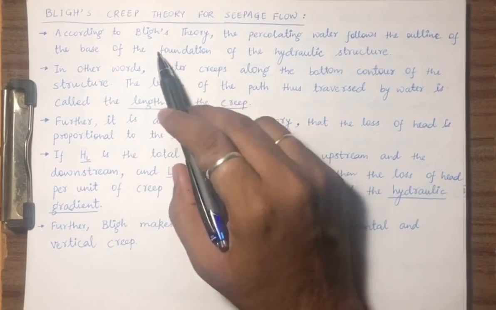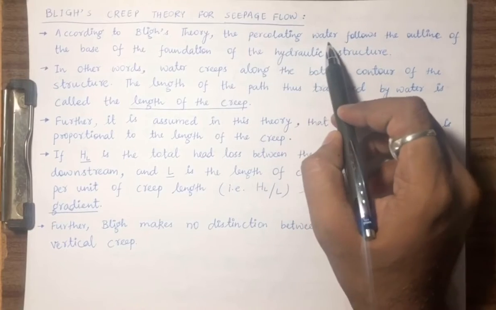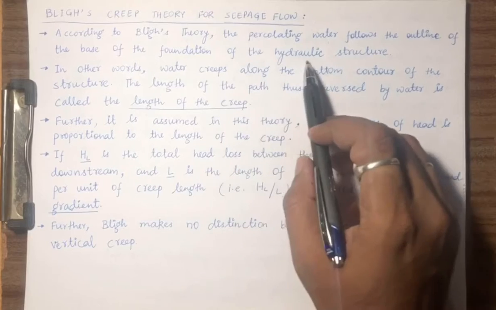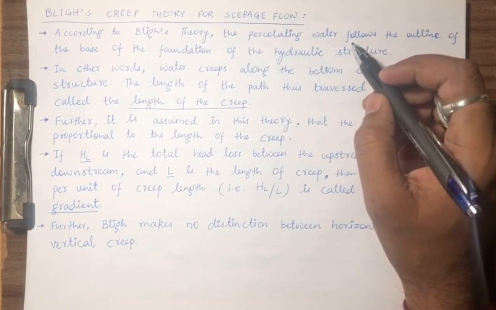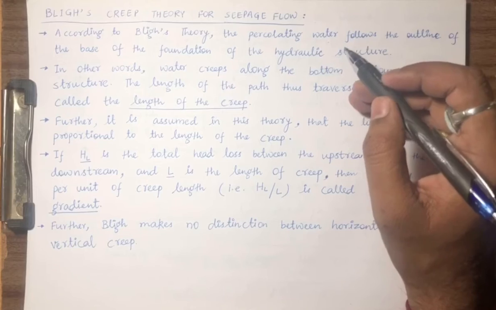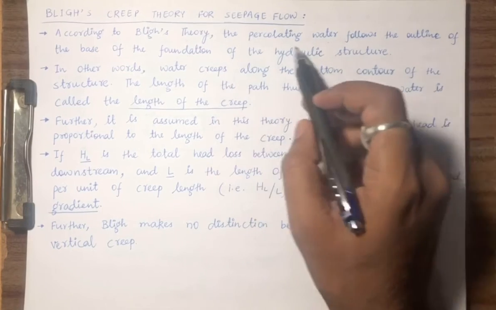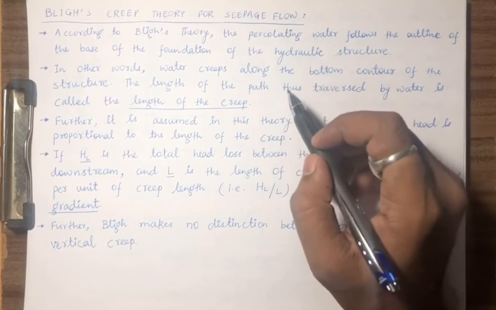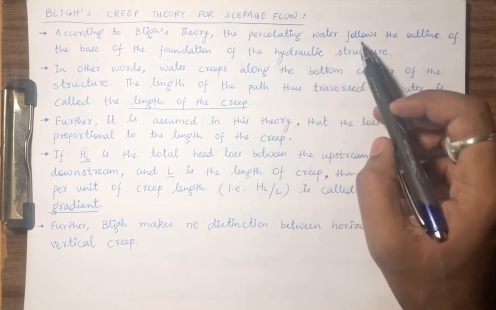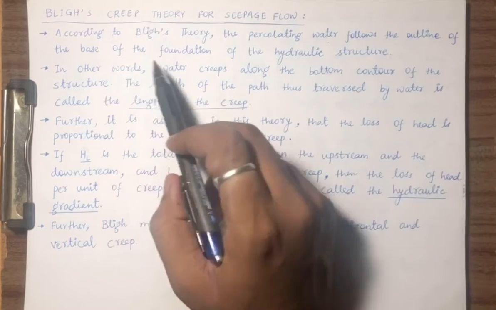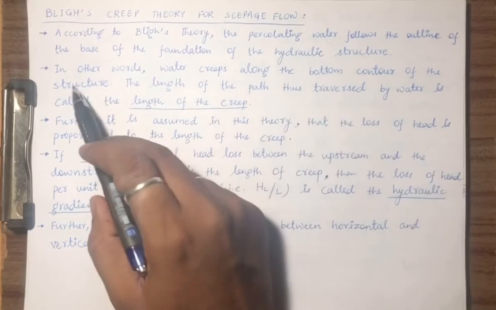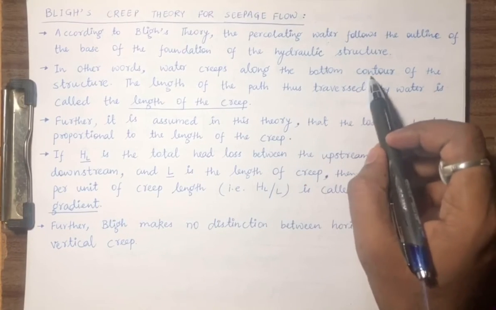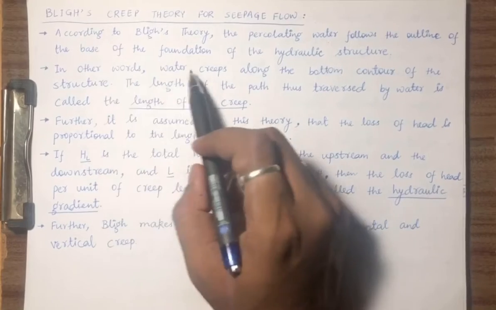According to Bligh's theory, the percolating water follows the outline of the base of the foundation of the hydraulic structure. Bligh tried to trace the path of the water which is percolating, and he found that it follows the outline of the base of the foundation, or water creeps along the bottom contour. That's why this theory is also termed the creep theory.